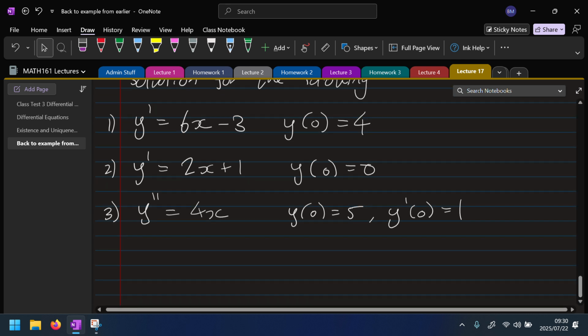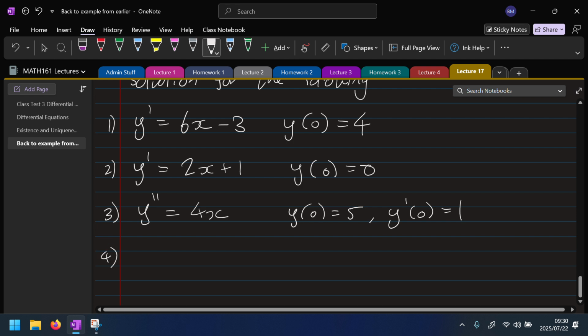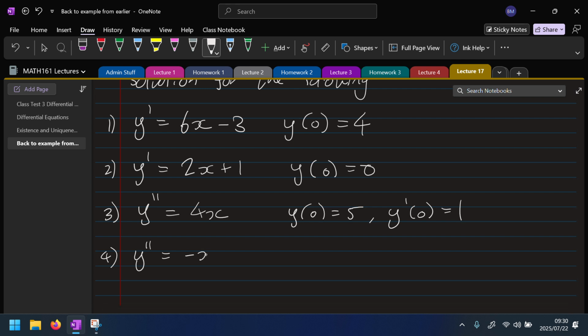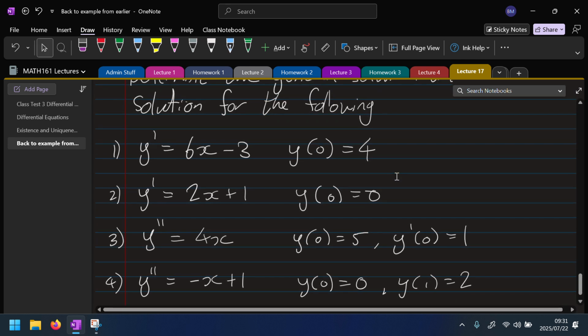Initial, yes. Okay, and then number 4, y double prime is equal to minus x plus 1, with y of 0 is 0 and y of 1 is 2. What type of problem is that? Boundary value problem. Good.